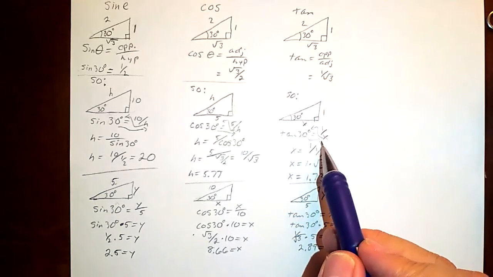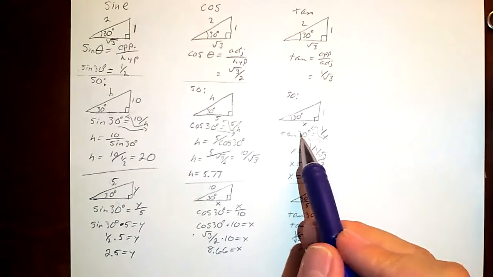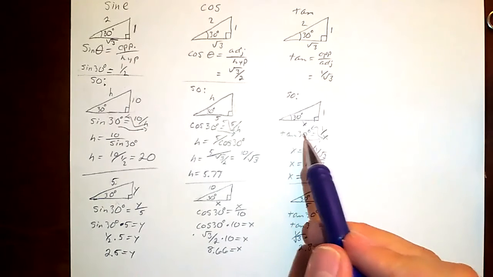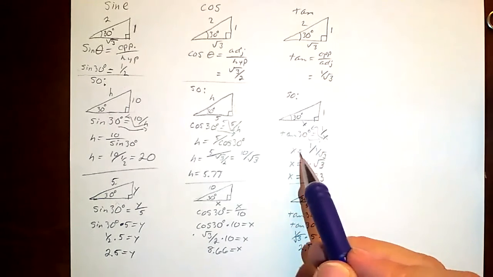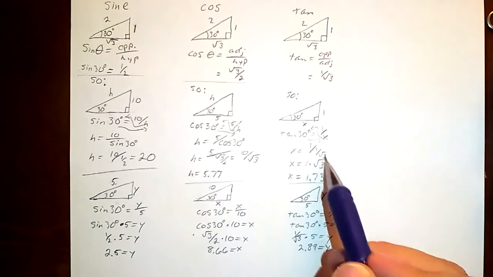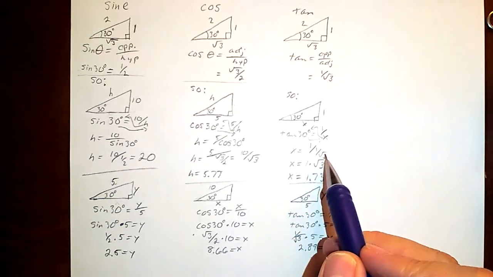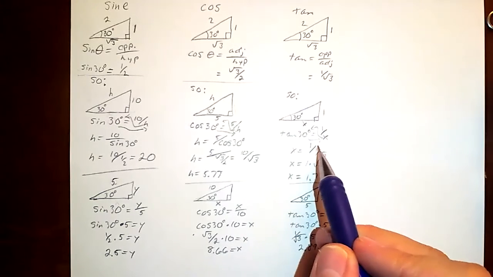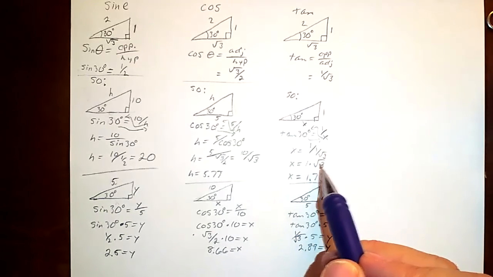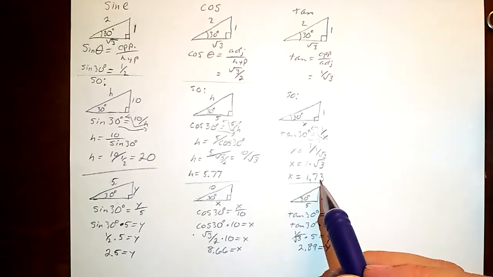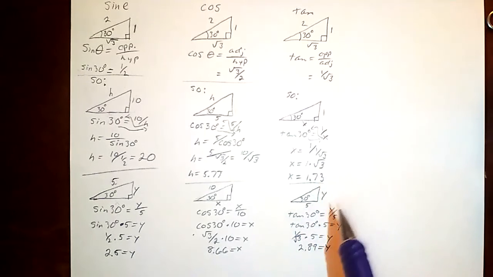So when I move this under here, I put the x over there, I get this, but tangent 30 degrees moves under, and tangent of 30 degrees is 1 over square root of 3. And so the bottom of the bottom is the top of the top, so I get 1 times square root of 3 over 1. So I get square root of 3, and if you need a decimal, you grab a calculator and find out what it is.